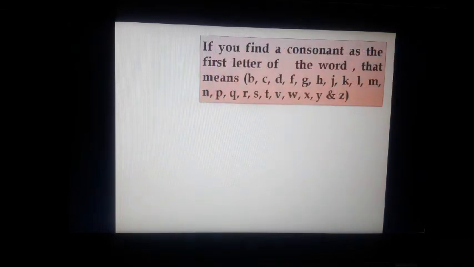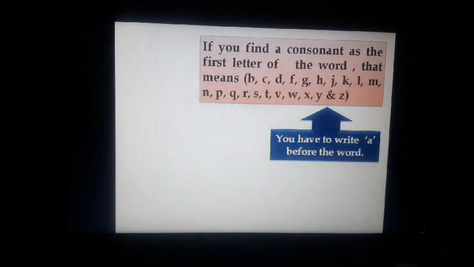Remember, dear students, if you find a consonant as the first letter of the word, that means the consonant letters are B, C, D, F, G, H, J, K, L, M, N, P, Q, R, S, T, V, W, X, Y, and Z, you have to write a before this noun word.